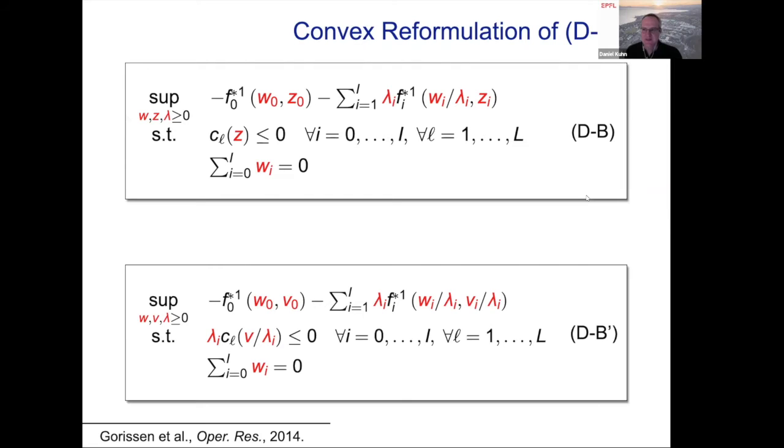So if we do that, then we convert the partial perspectives in problem DB at the top to global perspectives in problem DB prime at the bottom, which are known to be convex. So the primal worst problem therefore admits the convex reformulation shown here. So problem DB prime is a convex optimization problem.